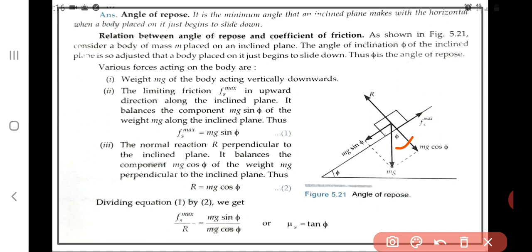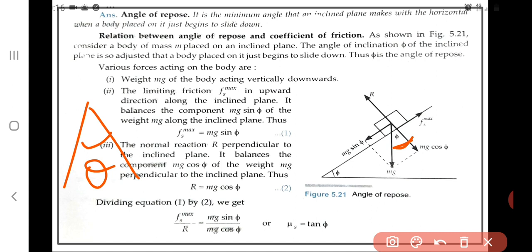So here first of all we have defined phi as the angle of inclination, so that this angle also comes as angle phi. There is a theorem in mathematics which says that if the angle between any two lines is theta, the angle between their perpendiculars also will be theta.